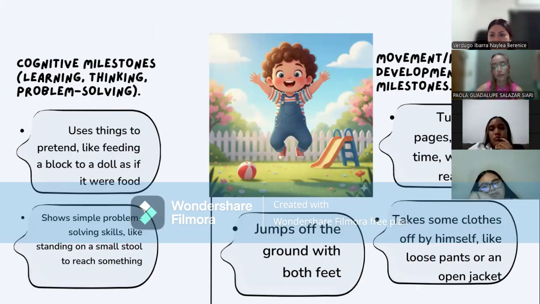And movement, physical milestone: turns book pages, one at a time, when you read to her; takes some clothes off by himself, like loose pants or an open jacket; jumps off the ground with both feet.